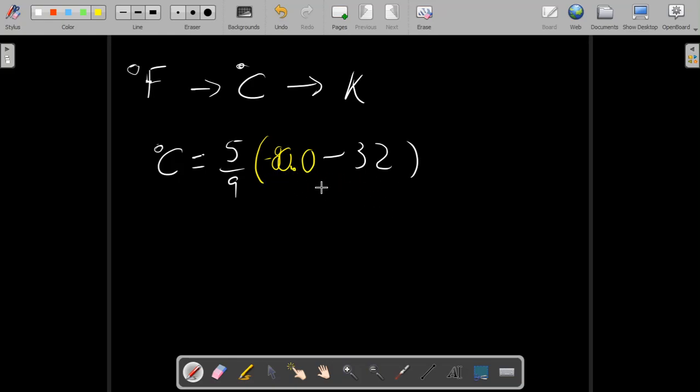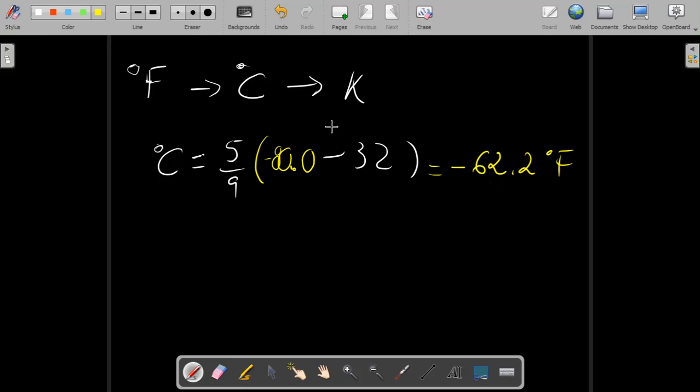Now I can put this in the calculator. It's going to give me a negative number. Then when I have this done in parentheses, I multiply by 5 divided by 9, and I get this number, minus 62.2 degrees Celsius. Okay, so this is your Celsius, but that's not what the problem wants to know. They don't want to know Celsius, they want to know Kelvin.